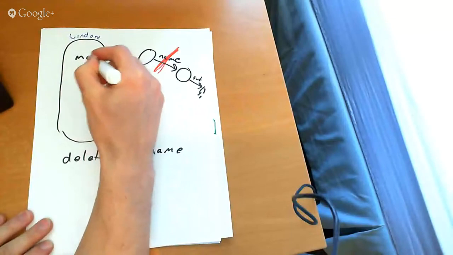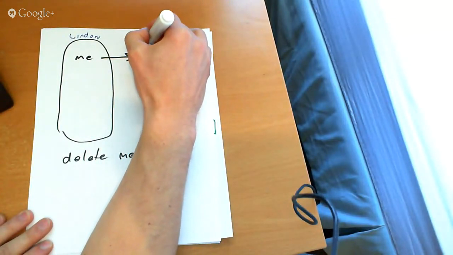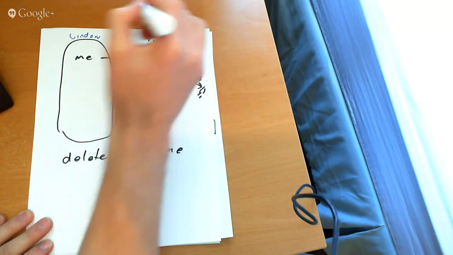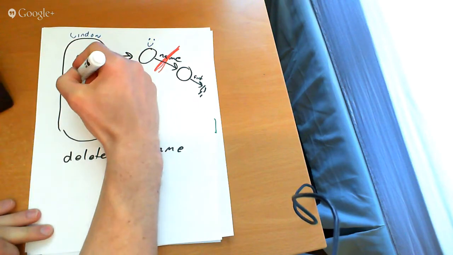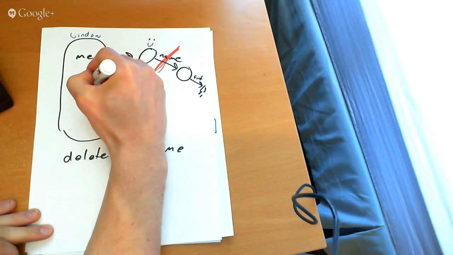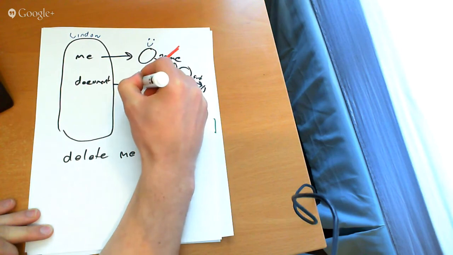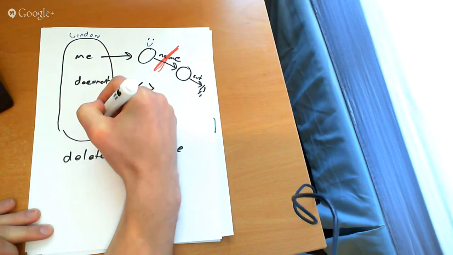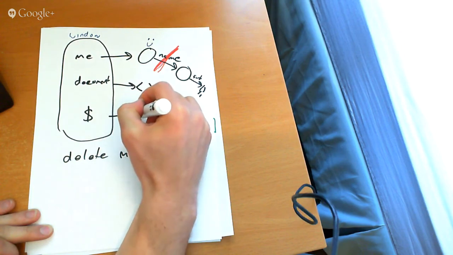So it follows me to this object and marks this object, I'm just going to give it a smiley face, as staying in memory. And if there are other things in the window, like the actual document element, which might be an element in memory, or maybe some jQuery function.